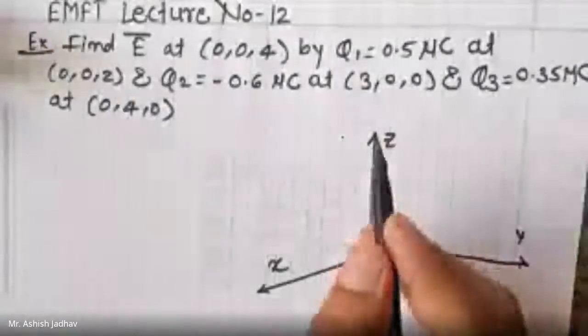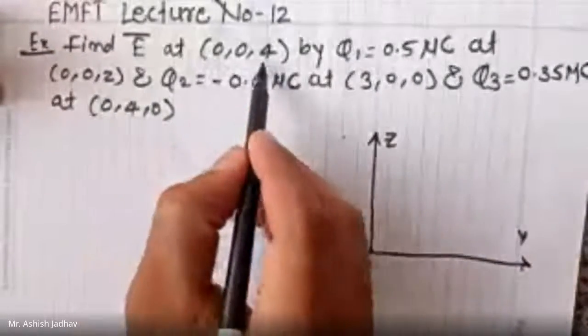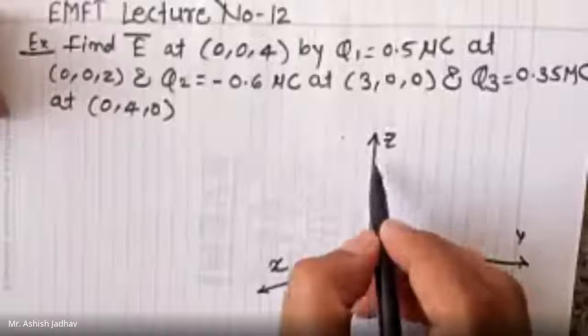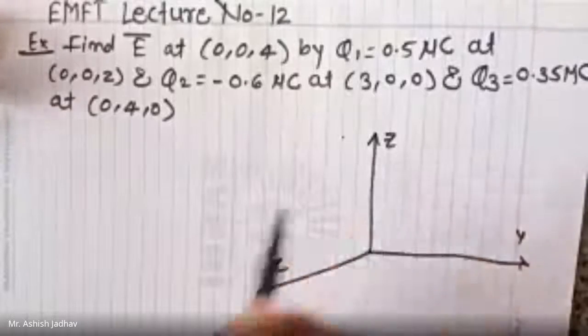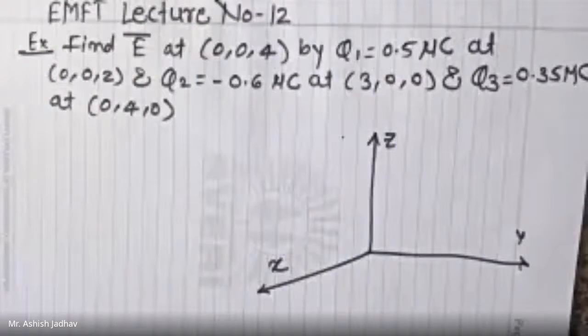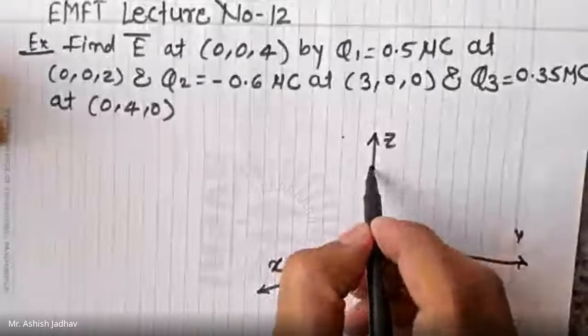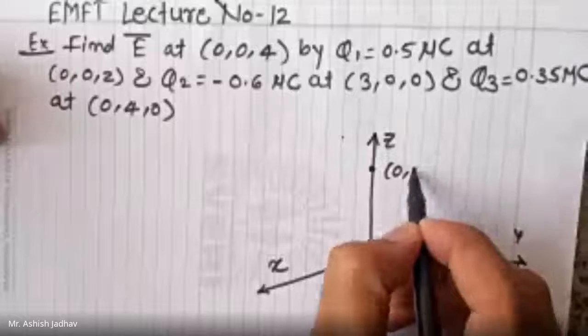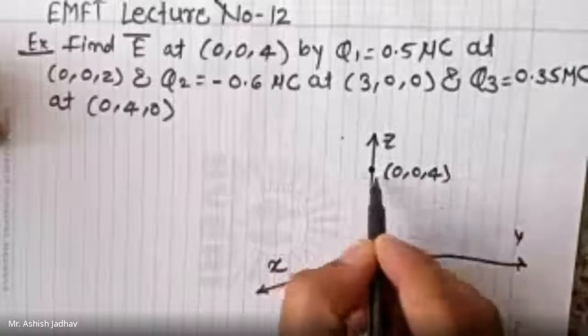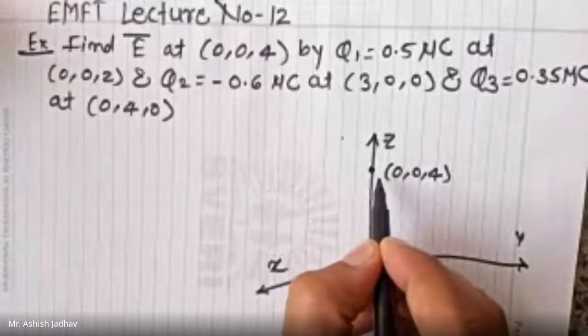We require the electric field intensity at point 0, 0, 4. If you find this location, you will find it somewhere here, right? So this is 0, 0, 4.